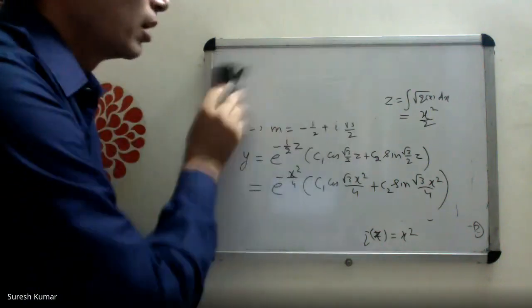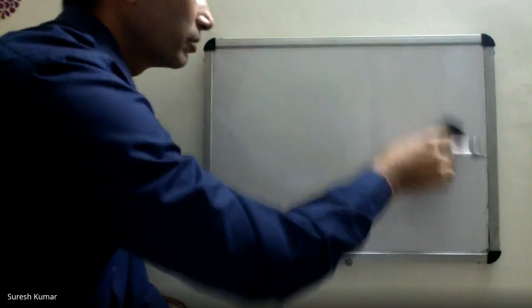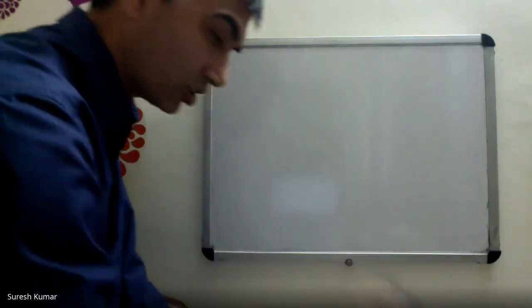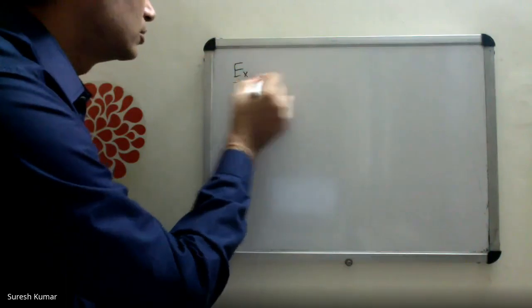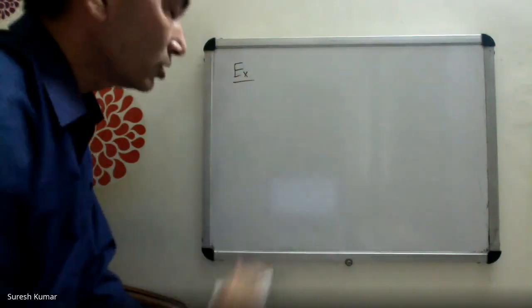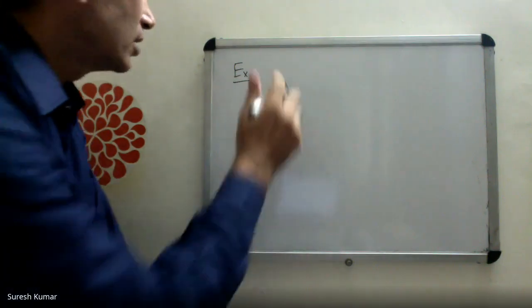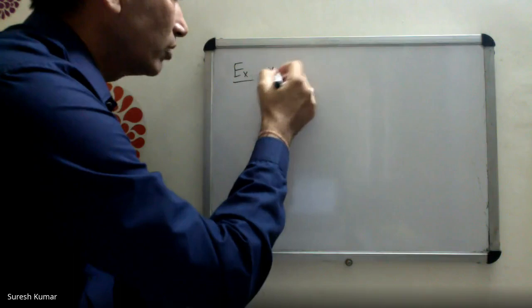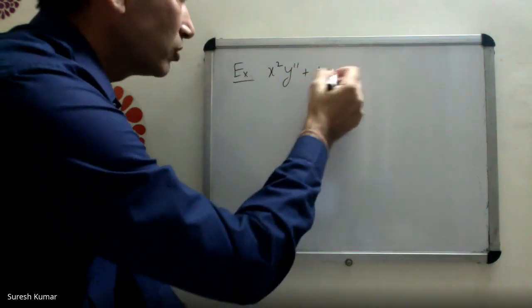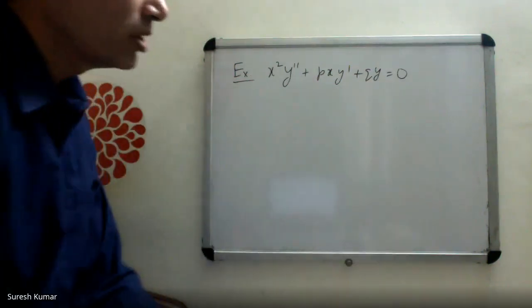Okay, I'm writing another differential equation, and I give you the transformation also. You need to use that transformation to change the differential equation first, and then solve that. x square y double prime plus p x y prime plus q y equal to 0. This is the given differential equation.